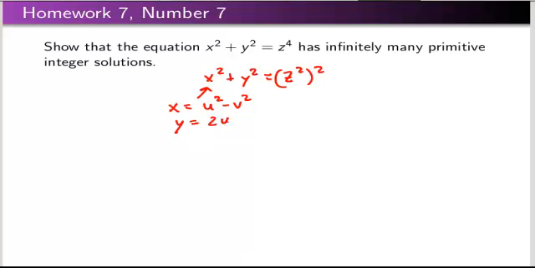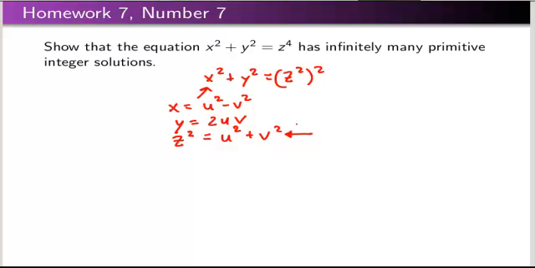Y is going to be 2uv. And z is going to be u squared plus v squared, where u and v are relatively prime, and one is even, one is odd, and one is bigger, and one is smaller, etc., etc. So we're trying to find solutions, and the one thing that we want to focus on is right here. But that is itself a Pythagorean triple.